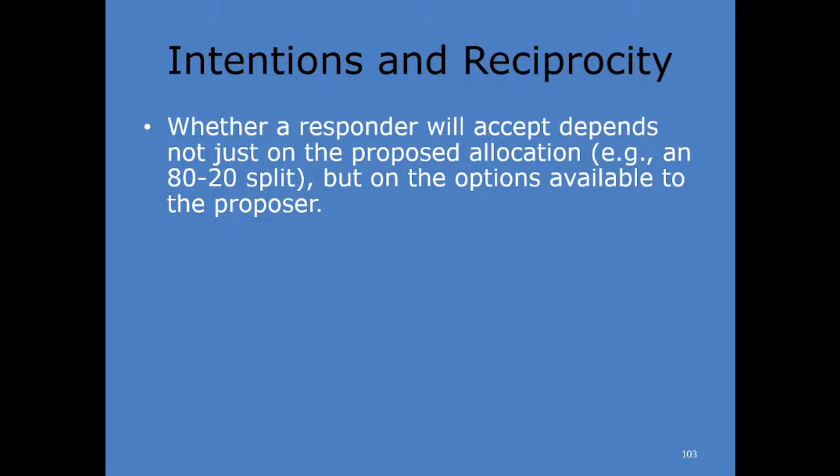So in a way, in your utility function, you also attach value to whether the other player had an option to do something more altruistic or not. So whether a responder will accept depends not just on the allocation, so 80-20, 30-70, but also on what the alternative available to player one was.